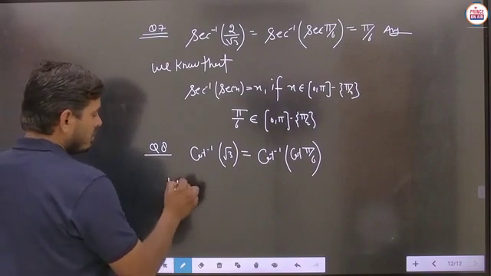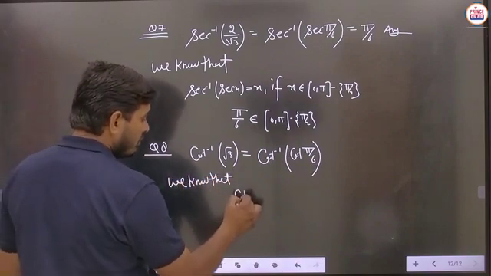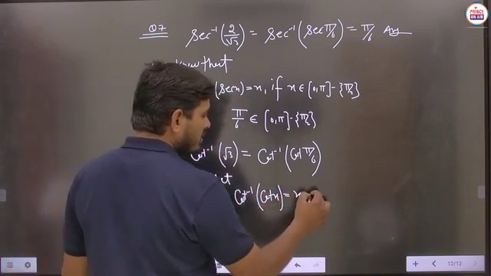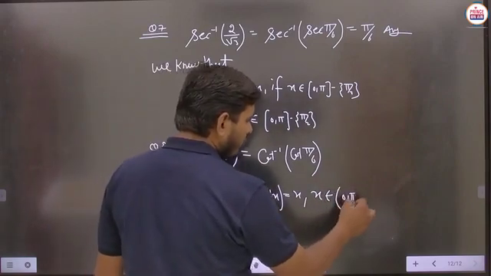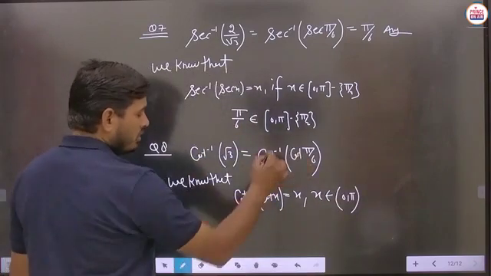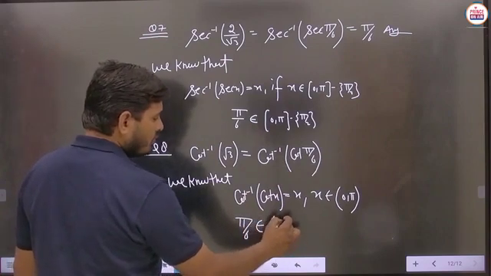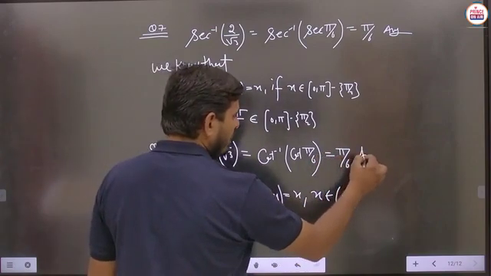Now we know the property, and what is the property? Cot inverse of cot x will be x. But in what cases? If x belongs to the open interval 0 to pi, and definitely here pi by 6 belongs to the open interval 0 to pi, so the answer is again obtained as pi by 6.